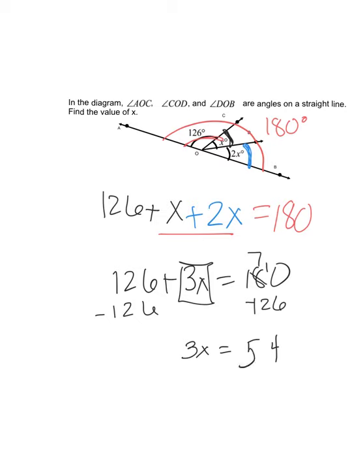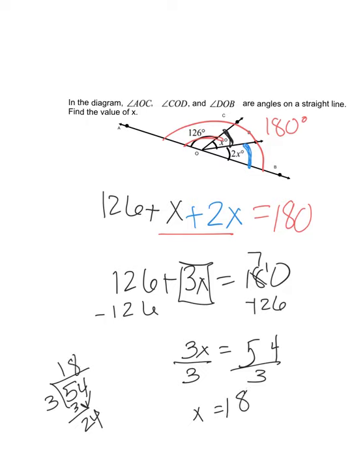Now I need to get my X by itself, so I'm going to divide both sides by 3. X equals, 3 goes into 5 one time with 2 left over. Bring down my 4, 3 goes into 24 8 times. So X is equal to 18. Because they're asking for the value of X, not an actual angle, you don't need your degree symbol, but put your degree symbol on everything and you can't get it checked wrong.